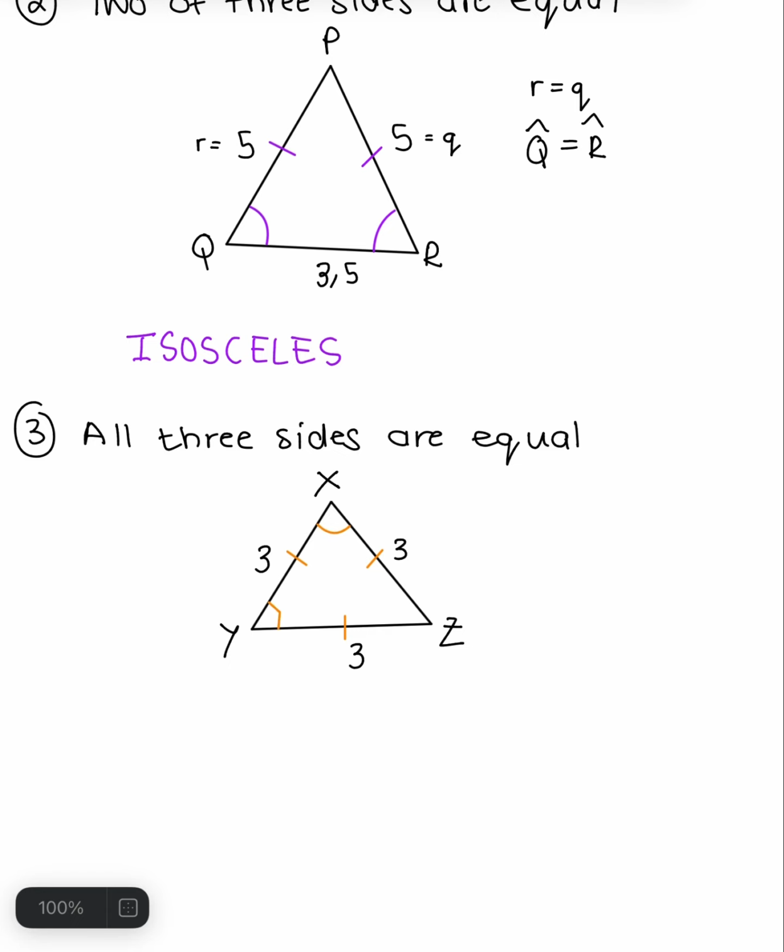This is an interesting case, because we know from our first video that the sum of the angles in a triangle must equal 180.